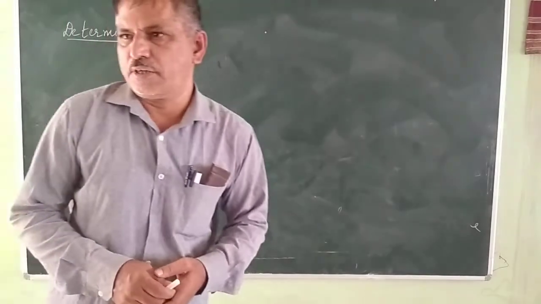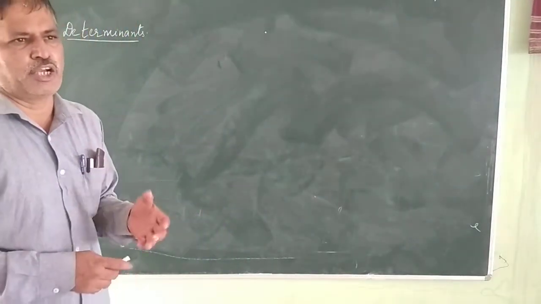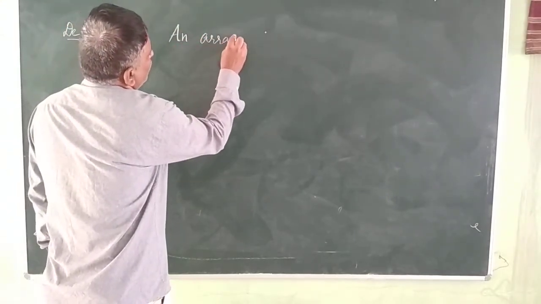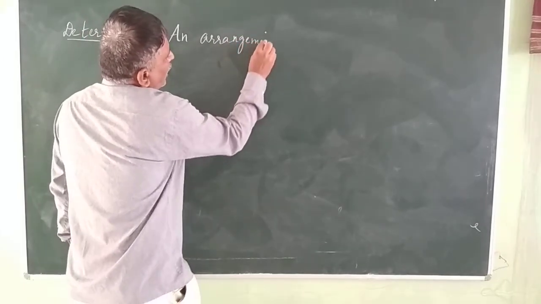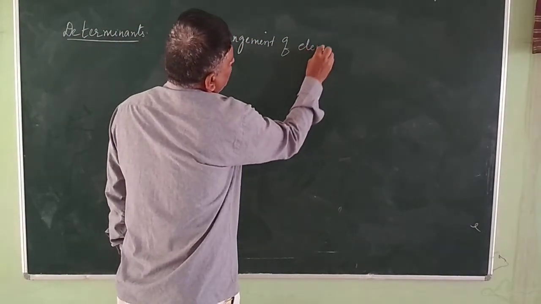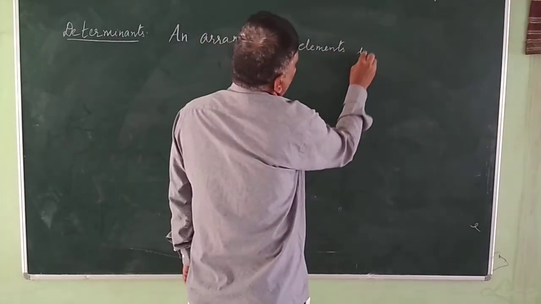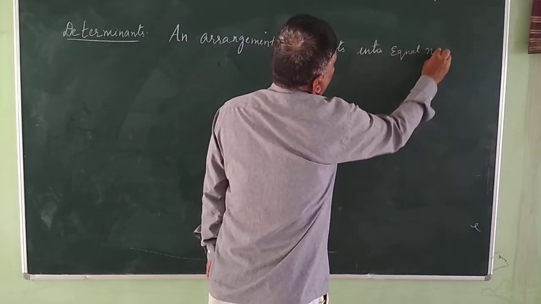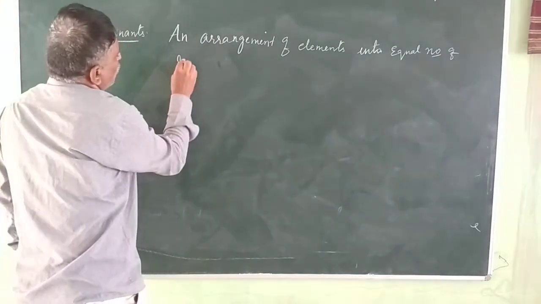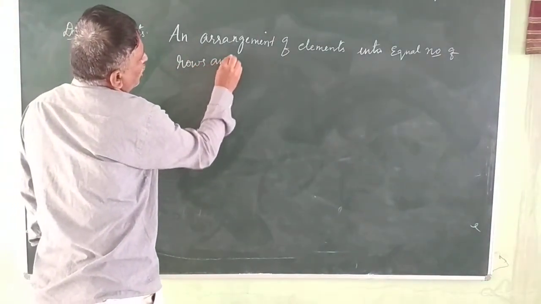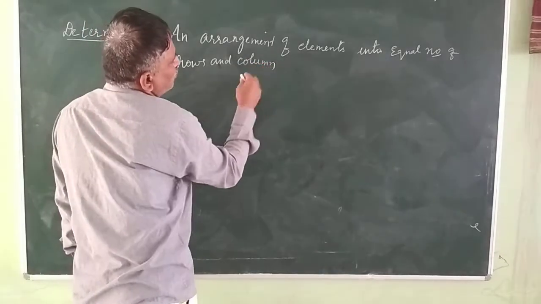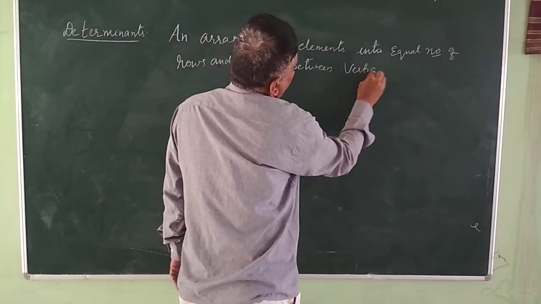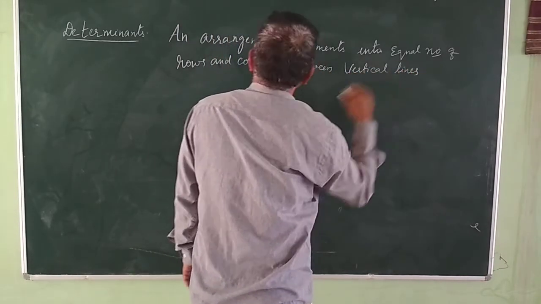Now what is a determinant? A determinant means an arrangement of elements into equal number of rows and columns between vertical lines is called a determinant.